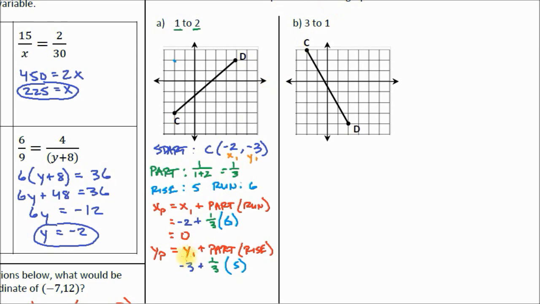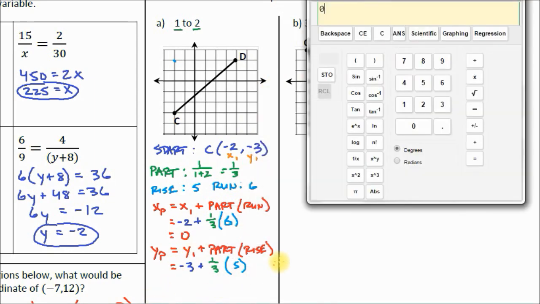Let's put an equal sign there and put that in our calculator, and we'll be done. So we've got negative 3 plus, in parentheses, 1 divided by 3, and then in parentheses again, our rise, and press equal.